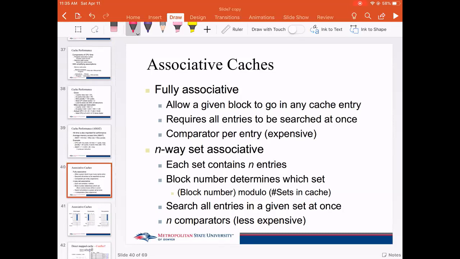So what is N-way set associative? What is fully associative? The basic idea is, when you talk about N-way set associative cache, it actually means you have a couple or a few different entries, or a few different tiny blocks, inside of one big row or one big set.